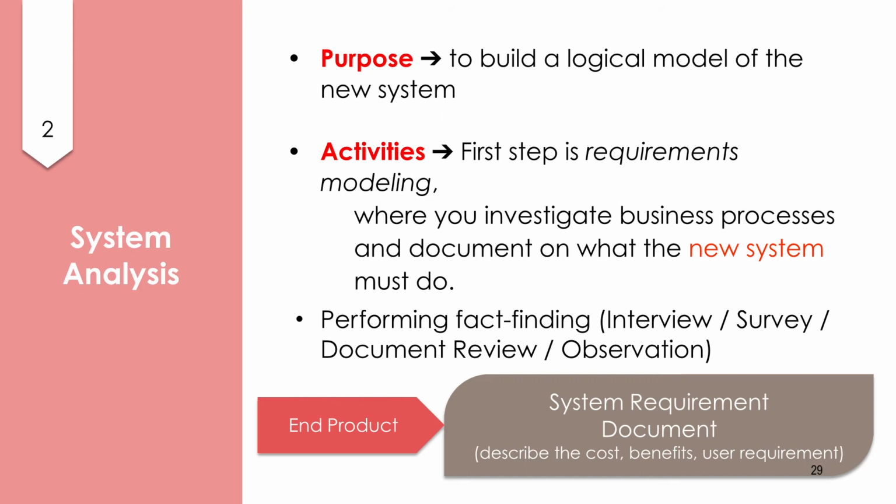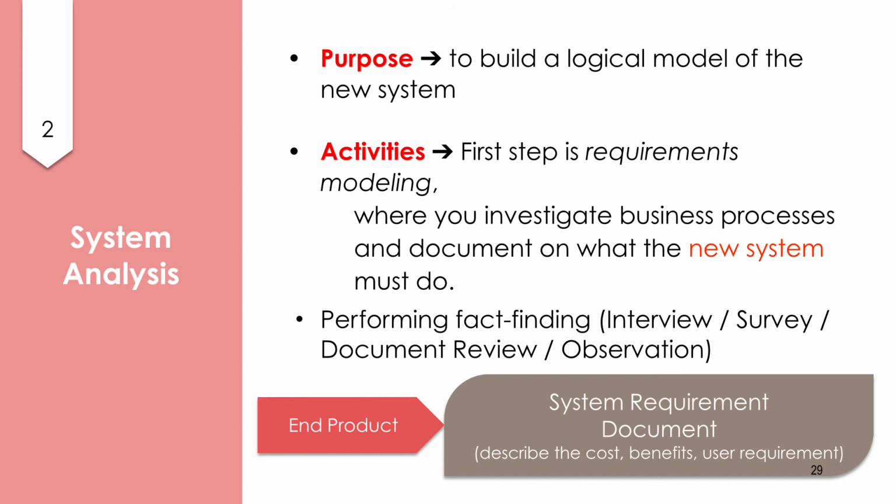Okay, so kat sini kita akan investigate about the business process. When we investigate about the business process, it is called the requirement modeling. So kat sini you are going to perform the fact finding. Okay, fact finding tadi tu boleh guna kaedah yang JAD tadi tu. You do the fact finding, you interview, you make a survey, and then you read the document and you observe how the users or the company do their activities.